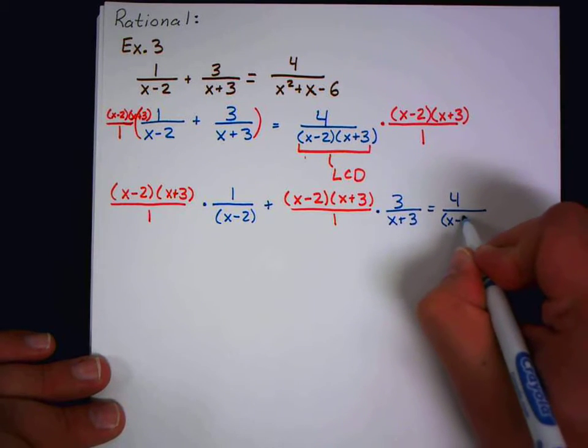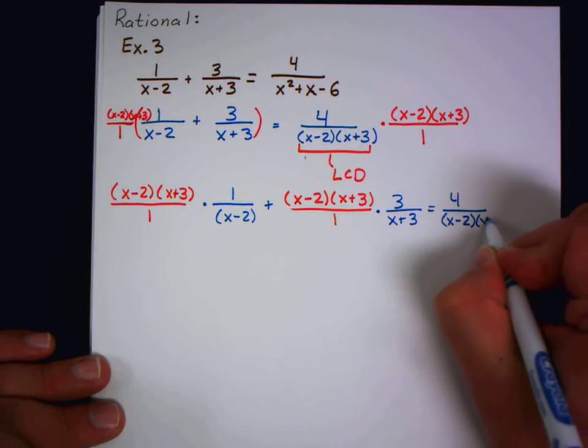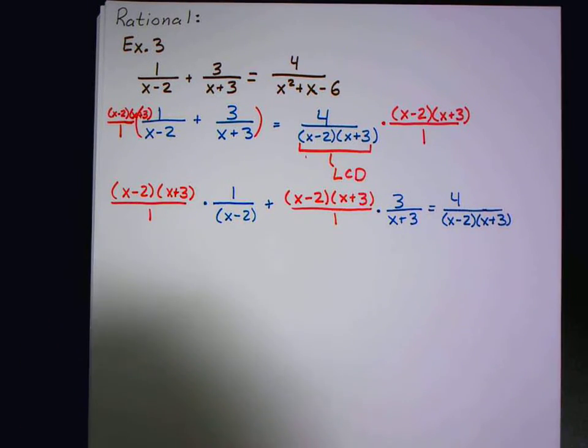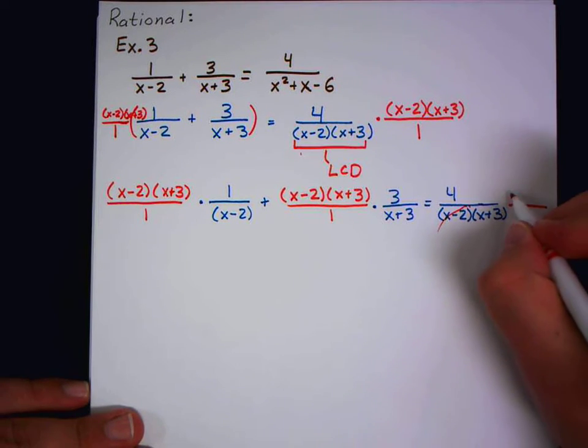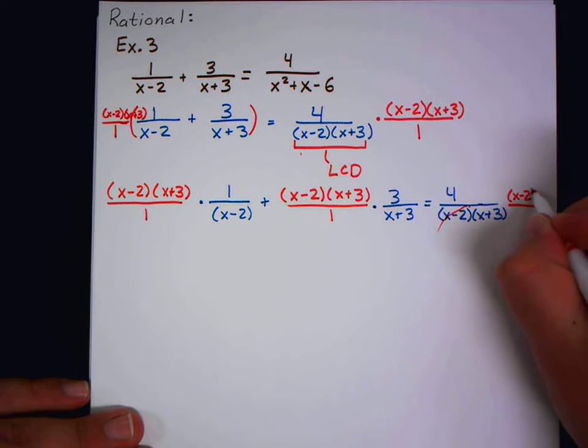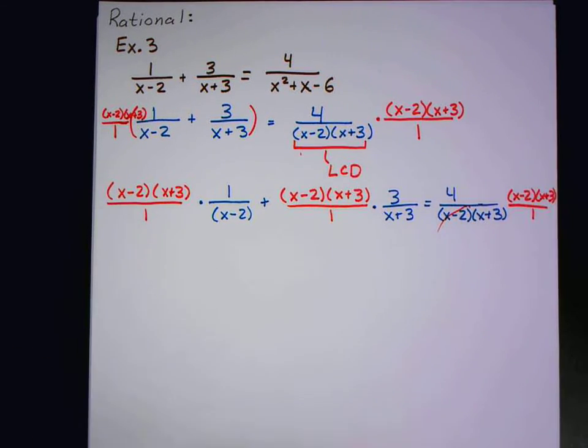And again, I'm writing this out in more detail than I would normally do on my own paper, just to make sure you see everything I'm doing. Okay, so that's what I have.